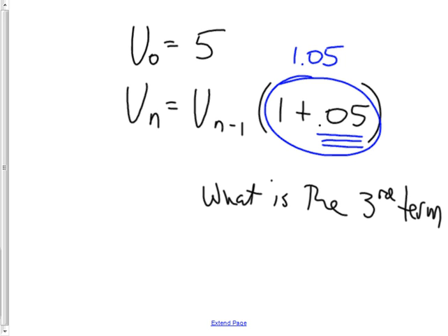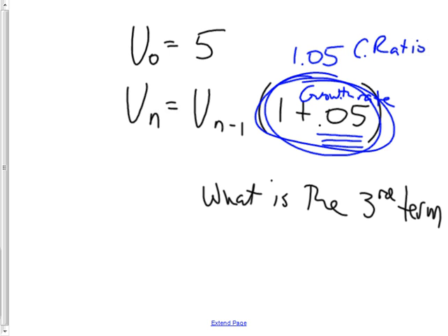Okay, this is the growth rate, the GR. This is the common ratio, the CR. Okay. What if we'd been just adding something every time, like add 2, add 2, add 2? Then this whole thing would have just been a big +2, and then it would be called not geometric.